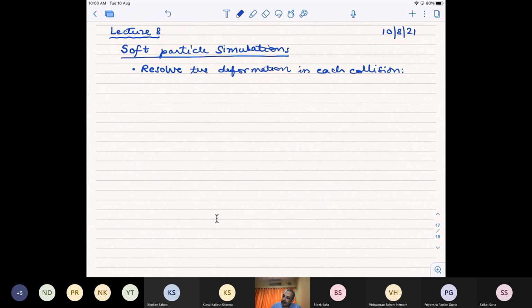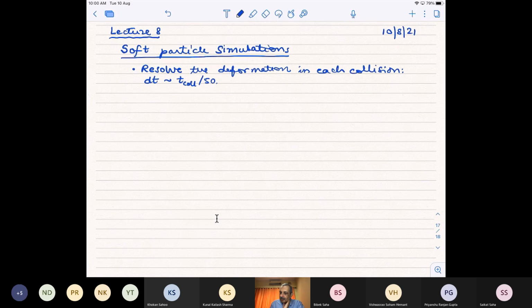So to do that, typically your time step with which you advance is about the collision time divided by 50. So you have 50 time steps. You remember we had done that example where the two particles come together, then they overlap, and then they go out. So that whole process has to be numerically simulated.